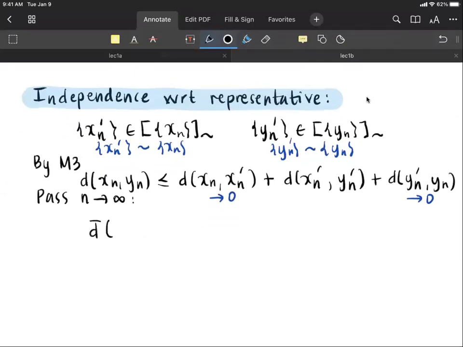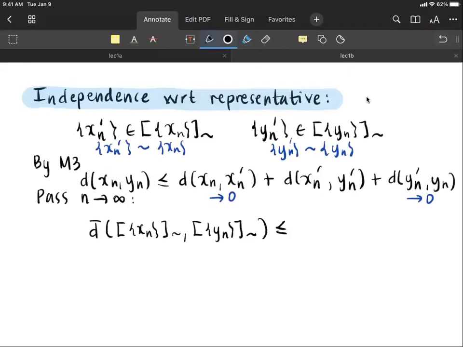The first one, by definition of d bar, is the distance between the equivalence class determined by the Cauchy sequence xn and the equivalence class determined by the Cauchy sequence yn.